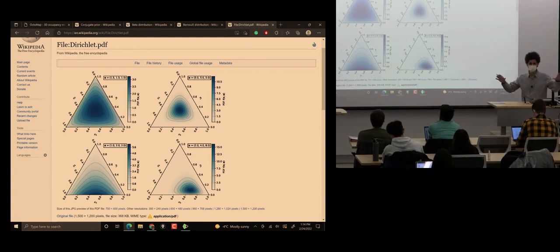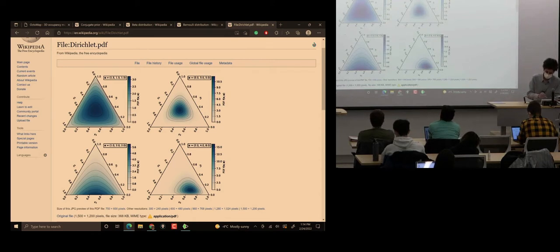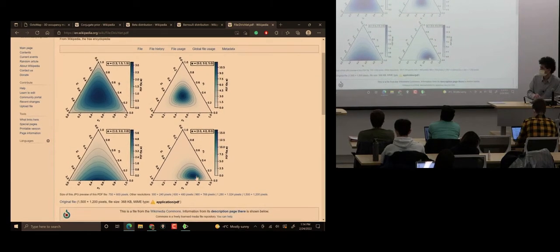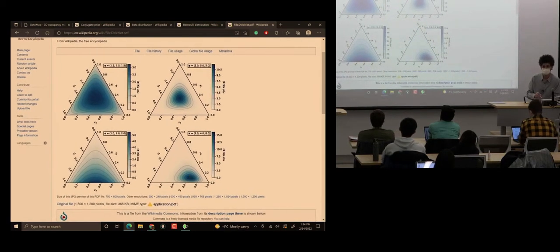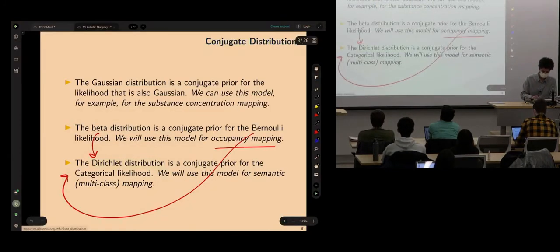And if it's equally distributed, that makes them equally valid, as you can see, different shading. Or maybe it is concentrated around one particular event. And we will see how this comes in handy when we want to talk about semantic mapping.